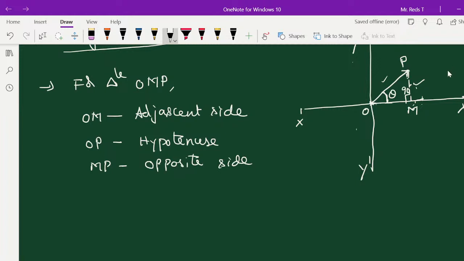So the side opposite to the angle theta is called the opposite side. The side adjacent to that angle theta is called the adjacent side. This way also you can remember.